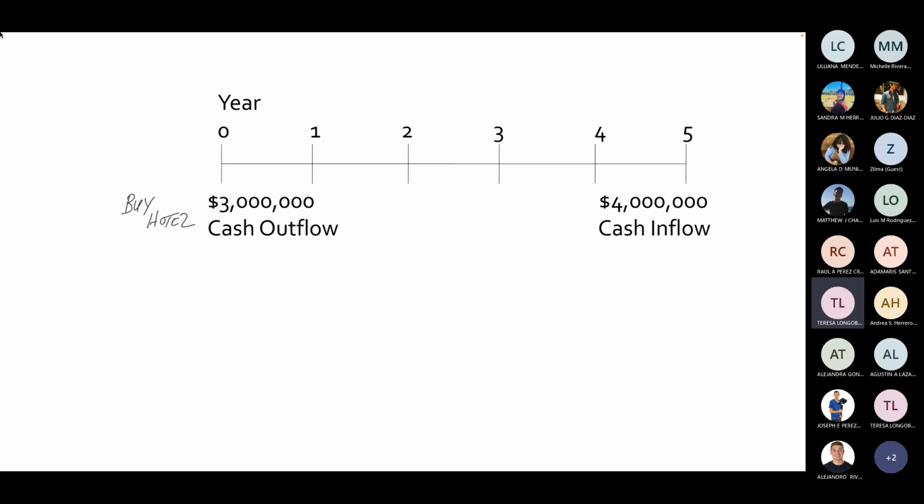And then the alternative is to invest in financial markets. So you're going to find someone who's going to give you an 8% return. So 3 million after 5 years becomes a future value of 5 million.